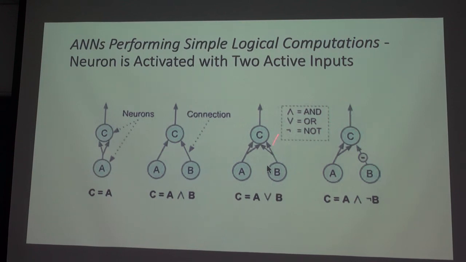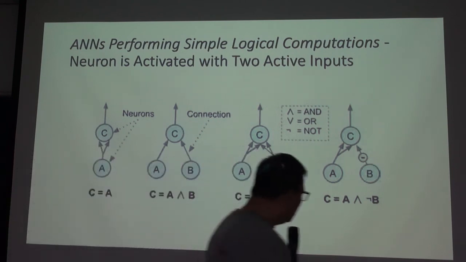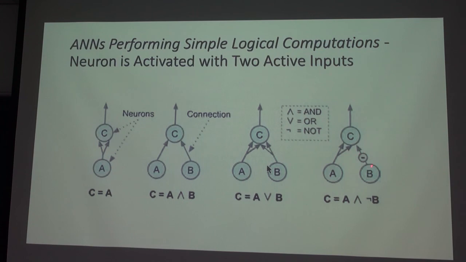The last one, if you want to do something a little more complex, is C equal to A and not B. So A is branching into 2 inputs, and B is connected through an inverse to C. You can see if A is active and B is active, then because B is active, not B is going to be inactive.